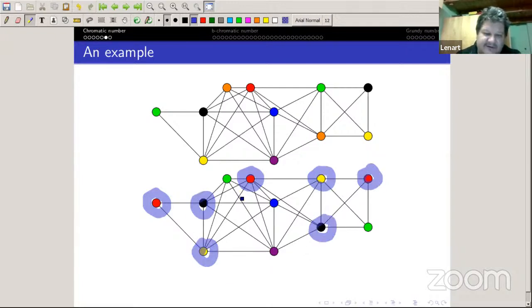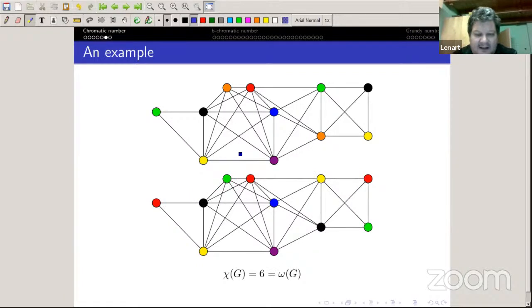Black is also in this clique. Green is also in this clique. So all the colors which appear outside of this greatest clique are also in the clique. So we have a 6-coloring of this graph, and therefore chi of G is 6, because we said that omega of G is the lower bound for this invariant anyway.